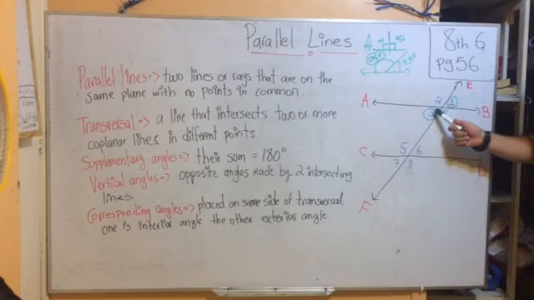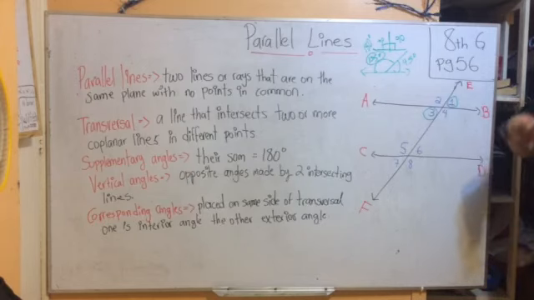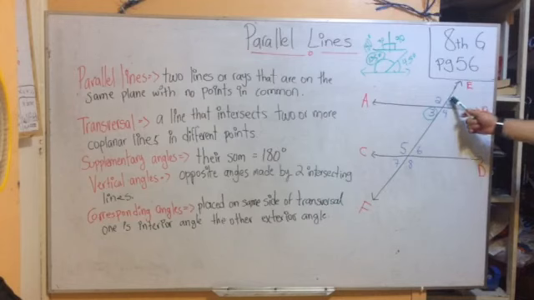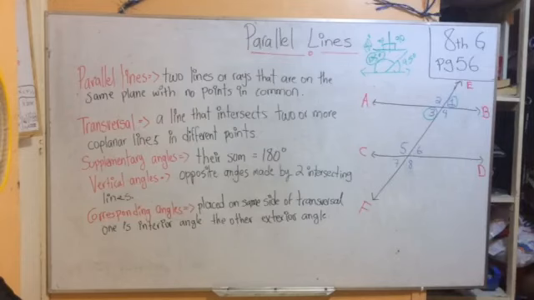So they are touching and they are on opposite sides of this. 2 and 4, vertical angles. 5 and 8, vertical angles. 7 and 6, vertical angles. They're opposite angles made by two intersecting lines. So if I were to ask you the question, name the vertical angles, we would say 1 and 3, and 2 and 4, 7 and 6, 5 and 8.